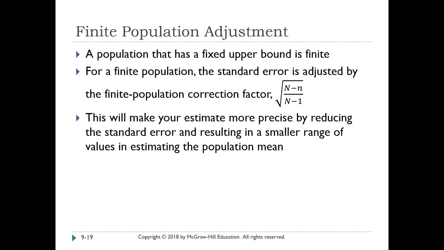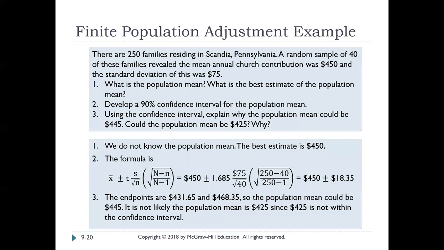And what we're going to do is multiply by it. So you can see here, we have our mean value, plus or minus t times standard deviation divided by the square root of n. And then we're just multiplying by this right here. Now, if we're talking about the square root of 1 over 49, that's going to be almost 0, right?